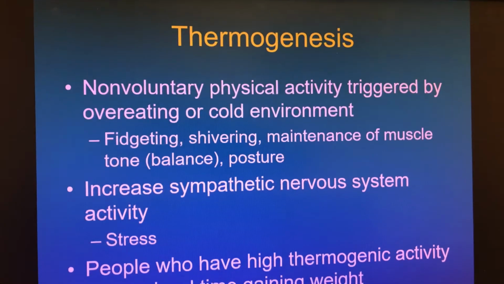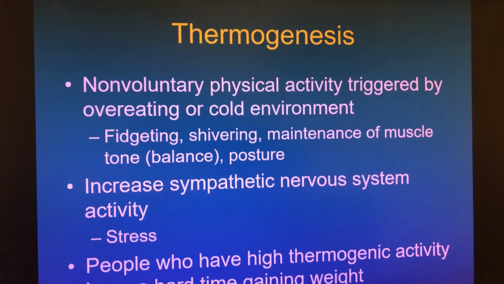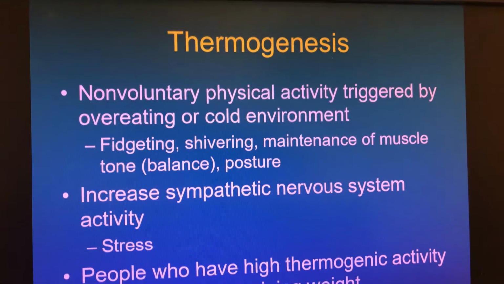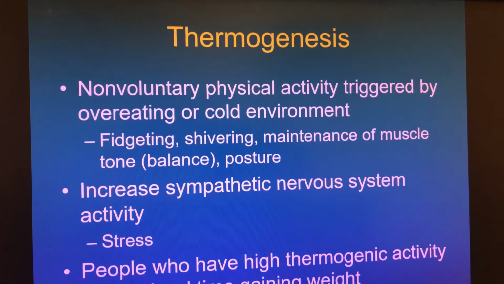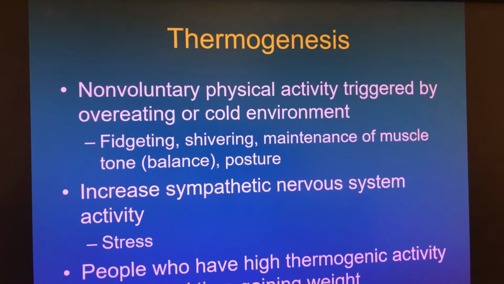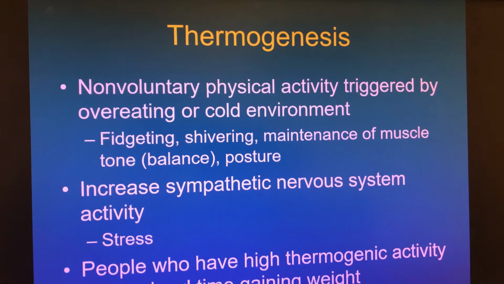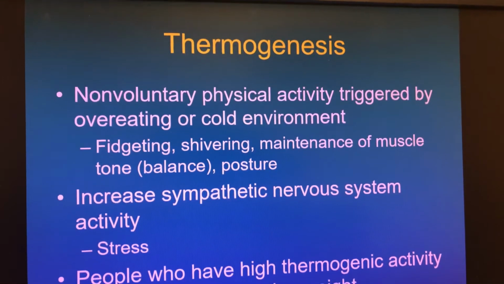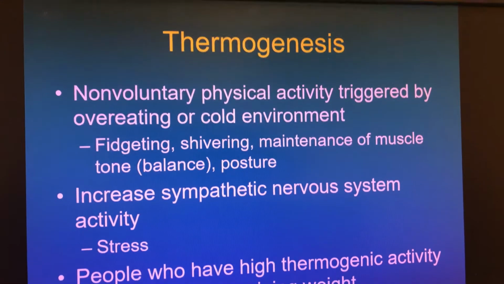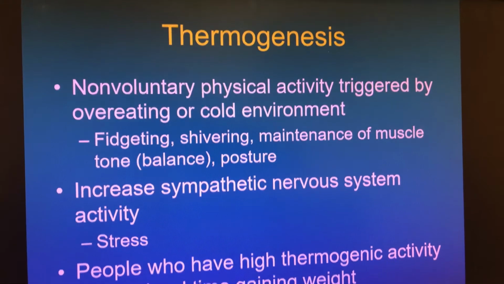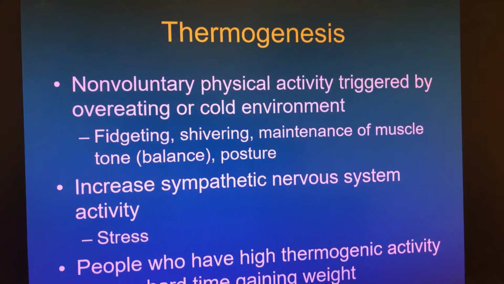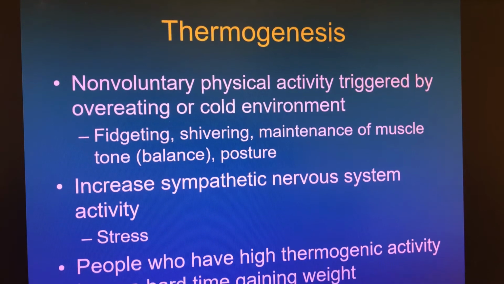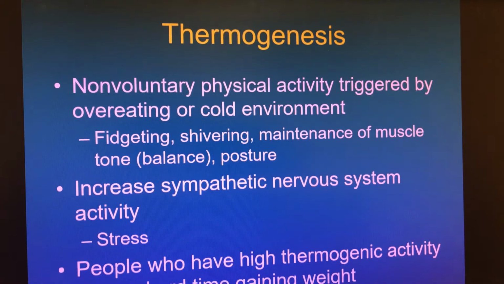Again, we mentioned thermogenesis in the last video clip. That is basically burning off energy as heat. It can be done through non-voluntary physical activity that's triggered by overeating or a cold environment. In fact, they think that's one reason Denver has the lowest prevalence of obesity: people are exposed to a colder environment, and it takes more energy to maintain a normal body temperature.